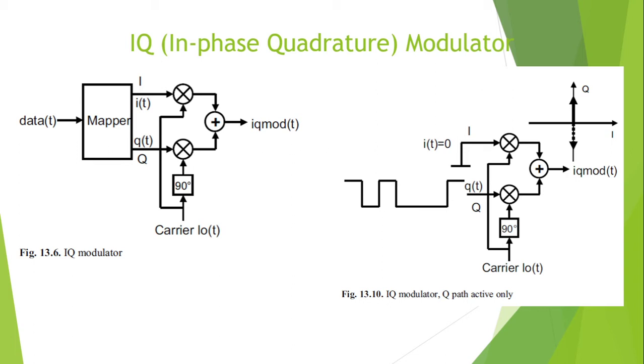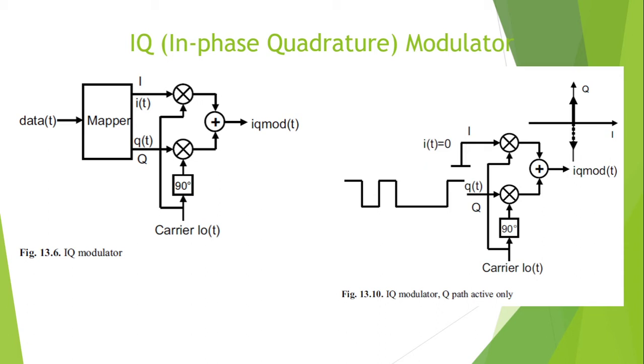The I path incorporates a mixer which is driven with the 0 degree carrier phase. The mixer in the Q path is driven by the 90 degree carrier phase. This means that I stands for 0 degree and Q for 90 degree carrier phase. I and Q are now orthogonal to each other, 90 degrees.